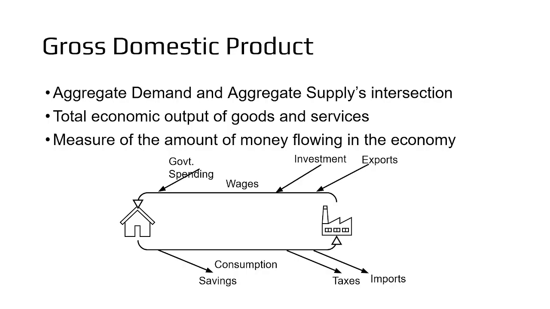What this does is that government spending itself produces wages. Take, for example, a high-speed rail line.